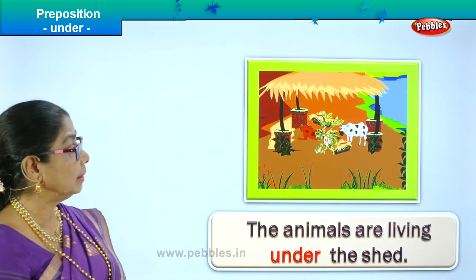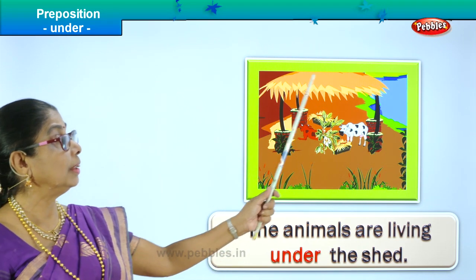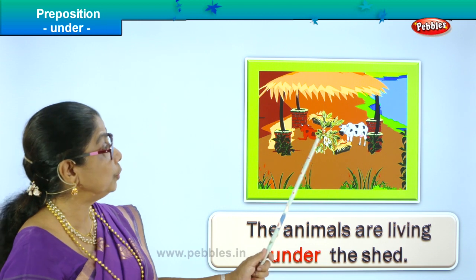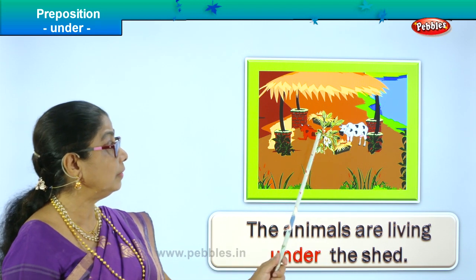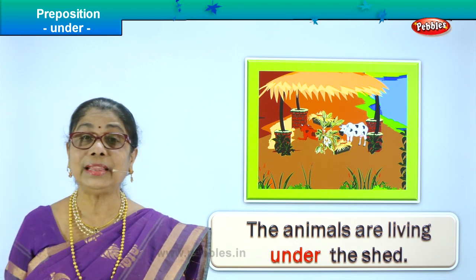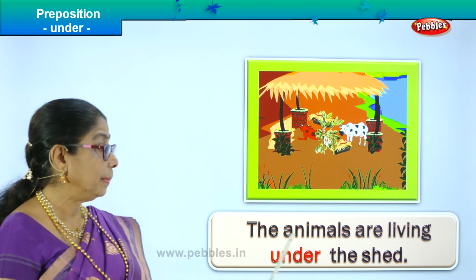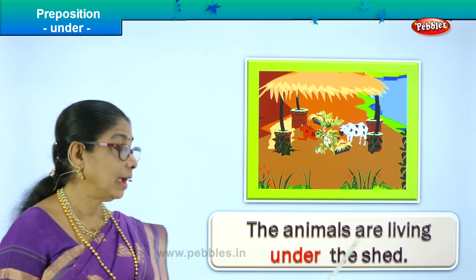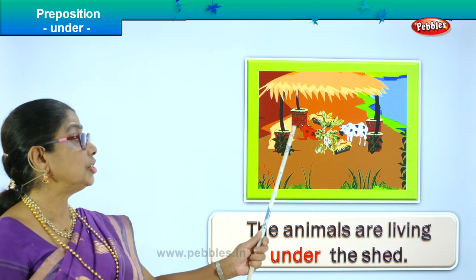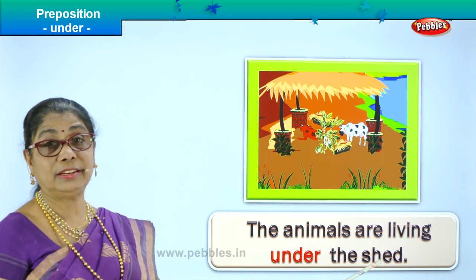What do we have here? Lots of animals. And there is a shed. Under the shed we have a few animals. You have cows living under the shed. Where are the animals? The animals are living under the shed. It's very hot, so we put them into the shed.